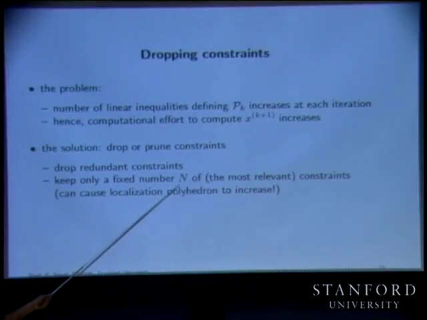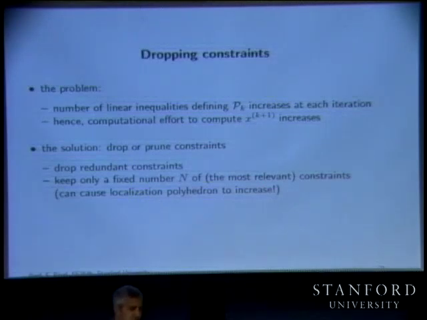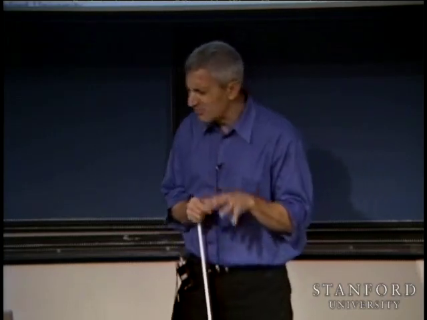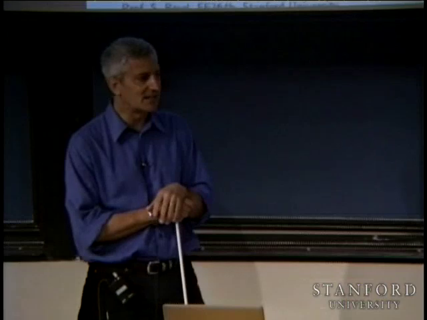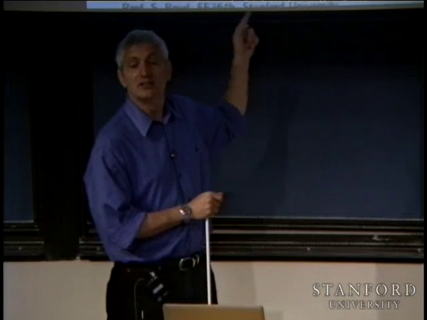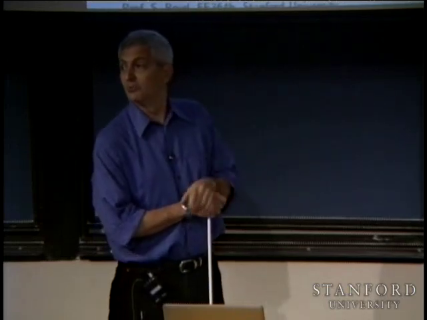Capital N here. It seems sort of like the word on the streets is that if capital N is like 5 little n, everything's cool. And I mean, there are some proofs of this and all that, but they're very complicated, as you might imagine. When you are dropping constraints that are not redundant, you are increasing the volume of that set. That's our merit function.